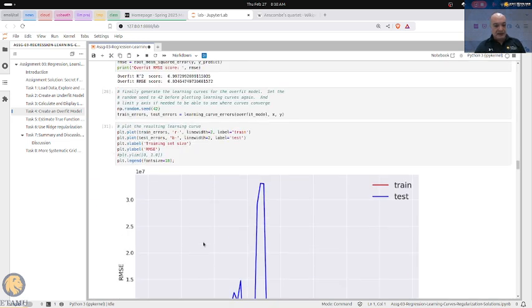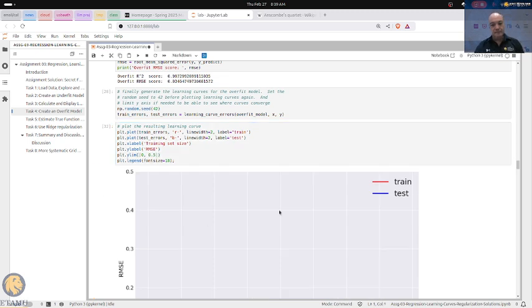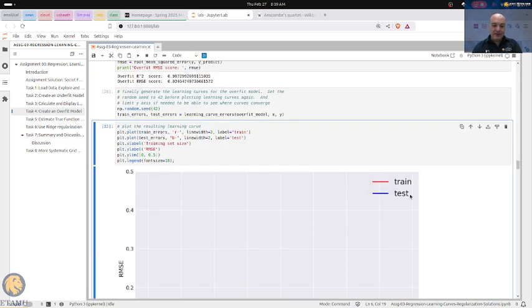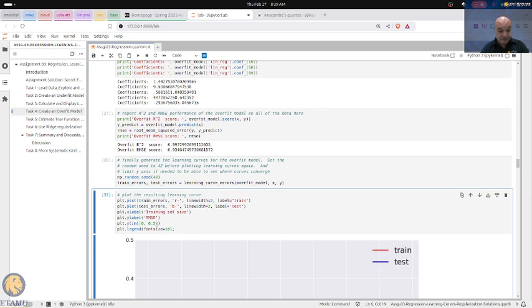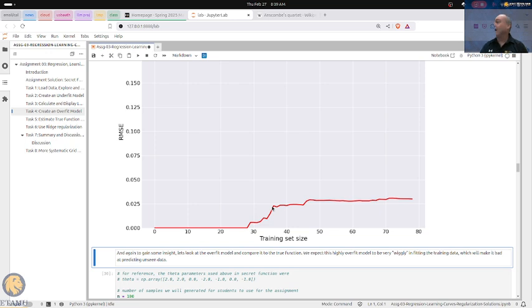So again, the point on this, and maybe we should limit it even more, because what we really want to know. So here, if you go down to 0.5, you can't see the test error at all. So even when it was the lowest, it was above 0.5 here. But what I really want to know, I already know that it's not converging.